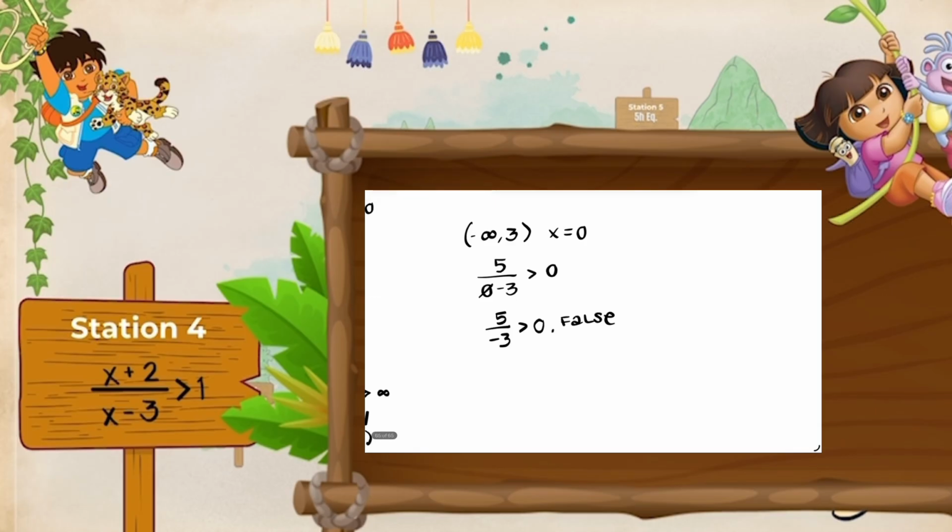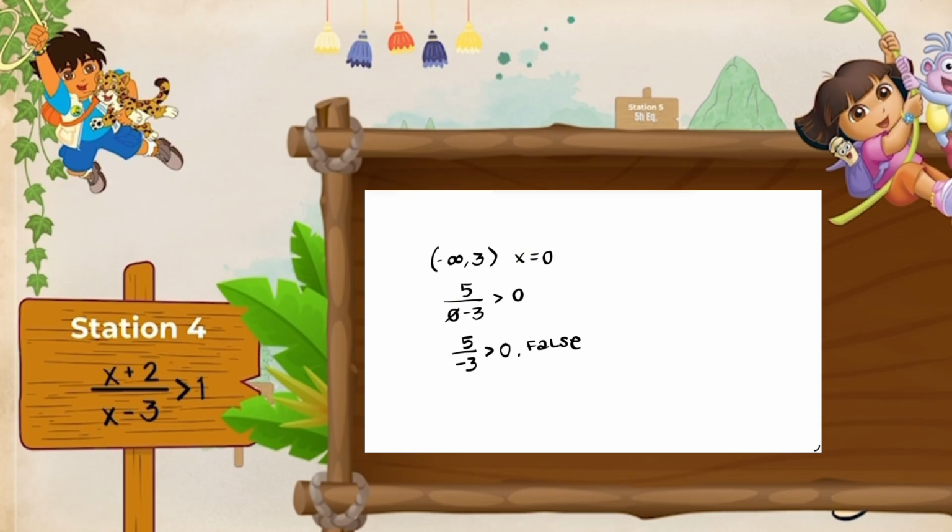Now, let's get the second ordered pair, which is 3, positive infinite. Let's choose 4. So, 5 over 4 minus 3 is greater than 0. 4 minus 3 is 1.